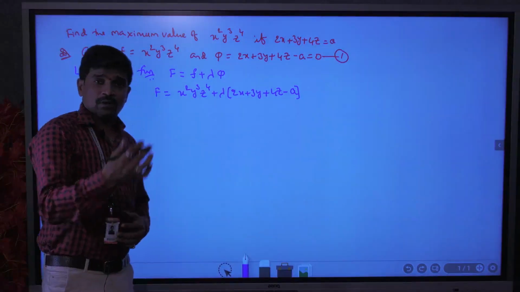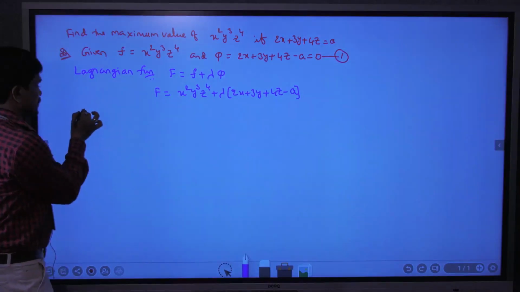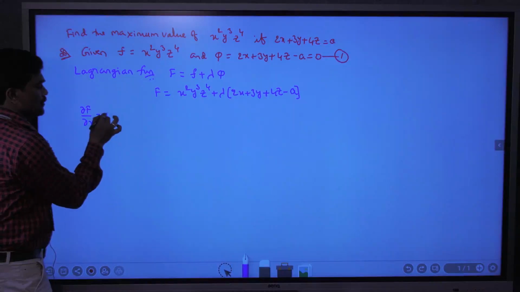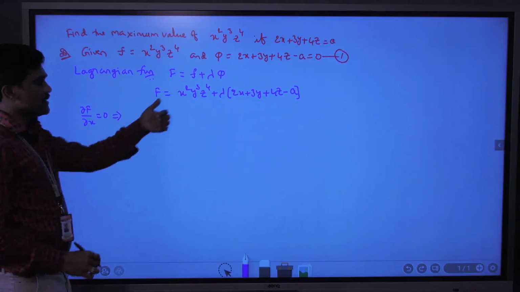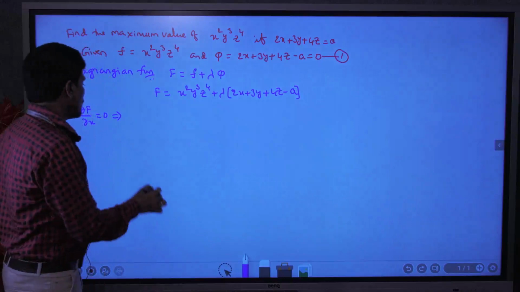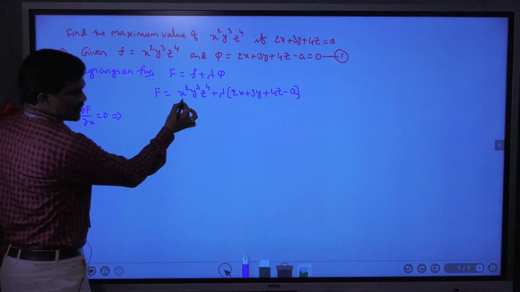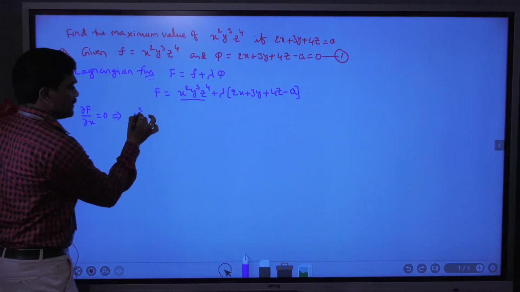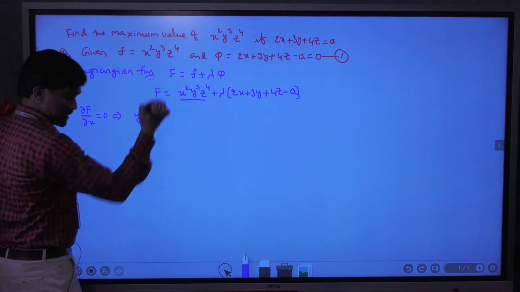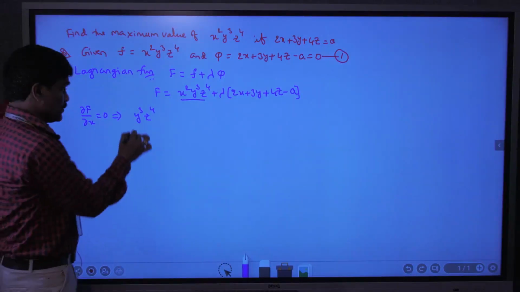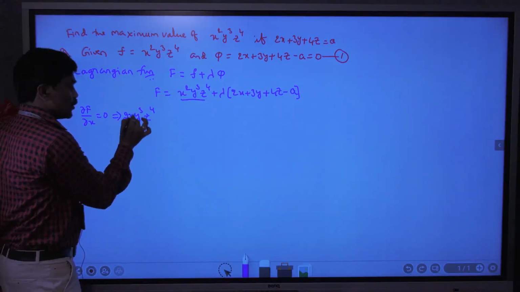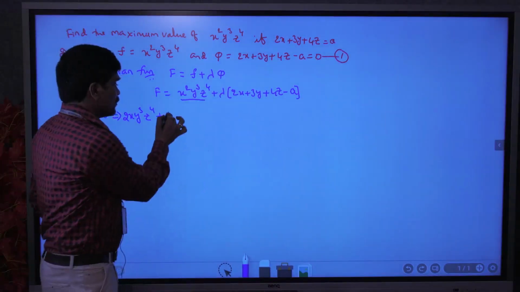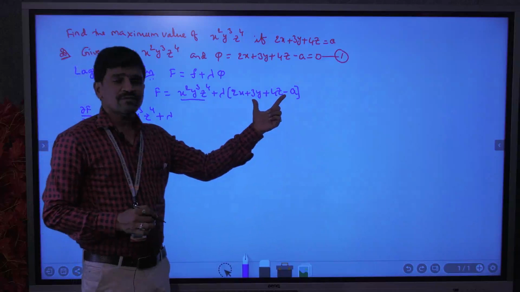Now first of all write dou F by dou x is equal to 0. That is, the Lagrangian function with respect to x, and equate to 0. Now with respect to x, what is constant? y cube z power 4 is constant. The derivative of x square is 2x, plus lambda into the derivative of this function with respect to x.